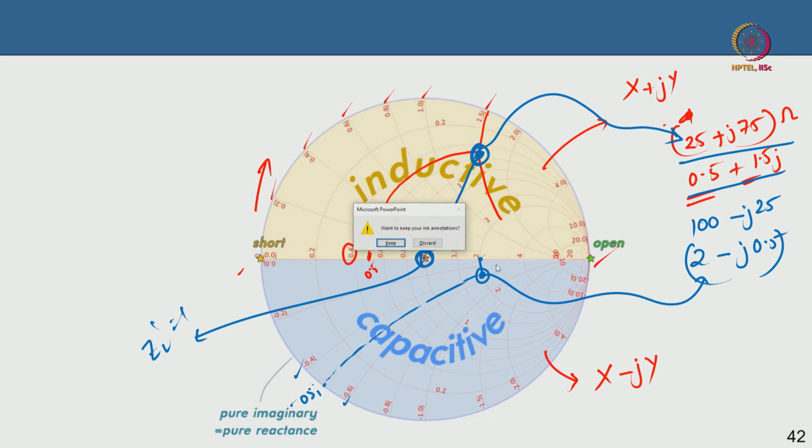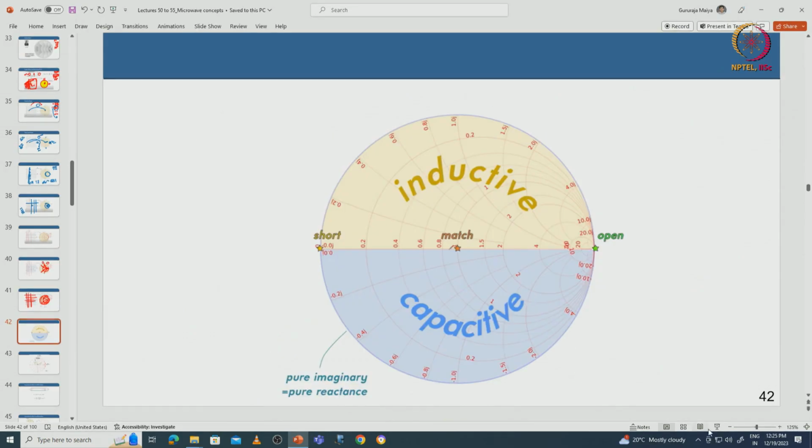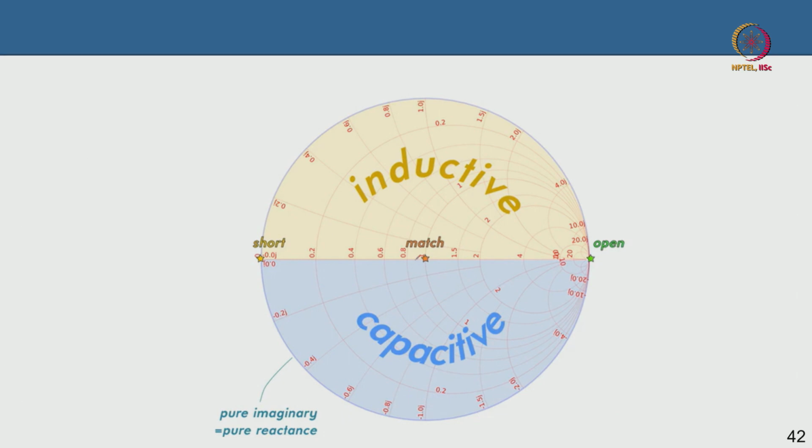I will remove the annotation here. There are many more things of course, but I will explain just intuitively what it means. If I look at 0.5 plus 1.5, that point, this was 0.5, this was 1.5 here.